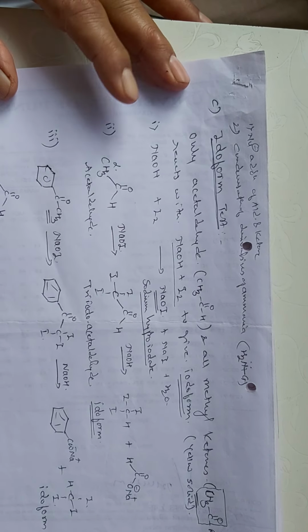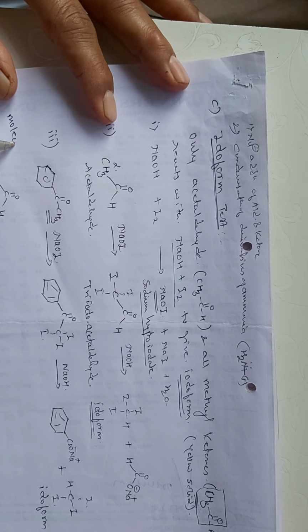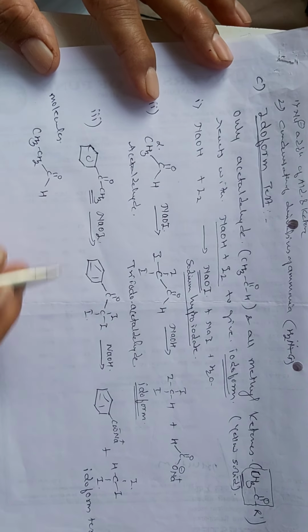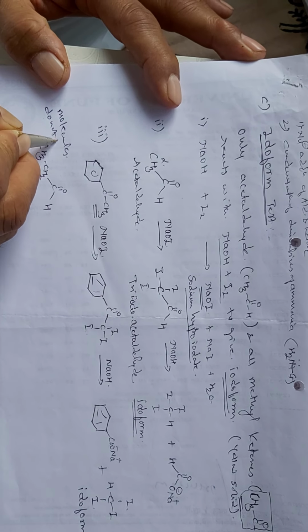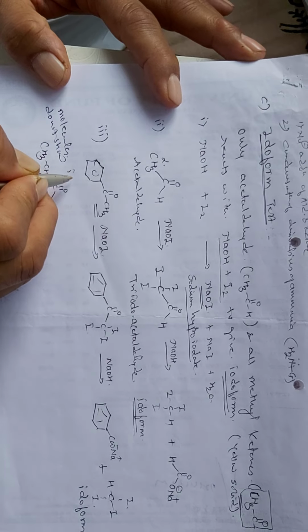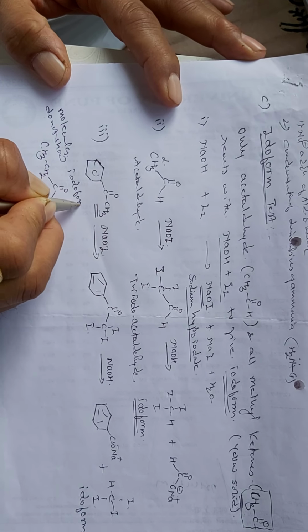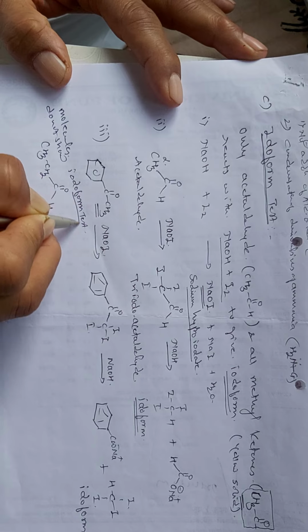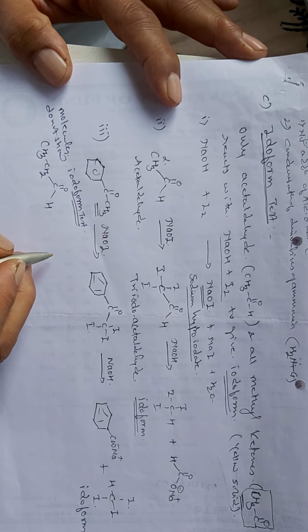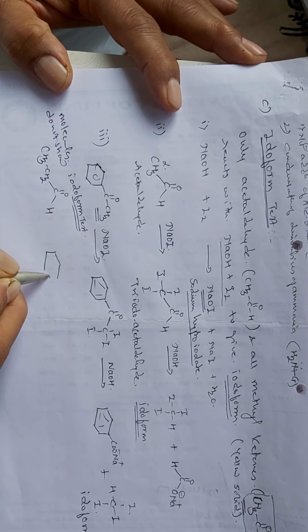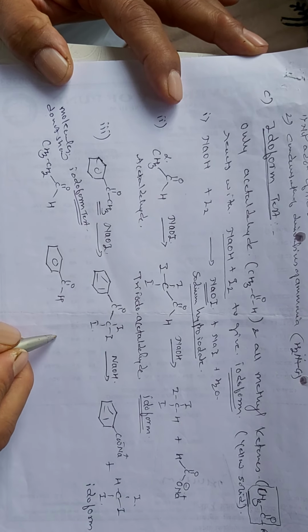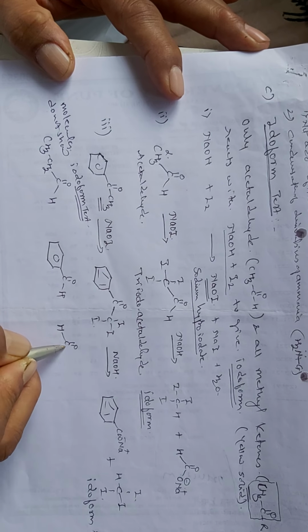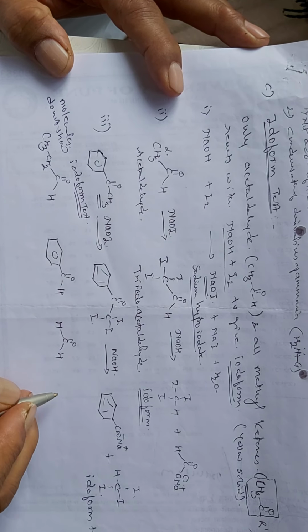This will not show the iodoform test because it does not contain a methyl keto group. Then benzaldehyde does not show the iodoform test because there is no methyl keto group. Formaldehyde will not show the iodoform test.